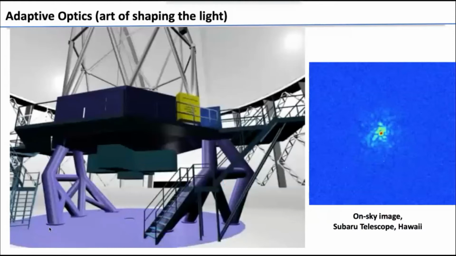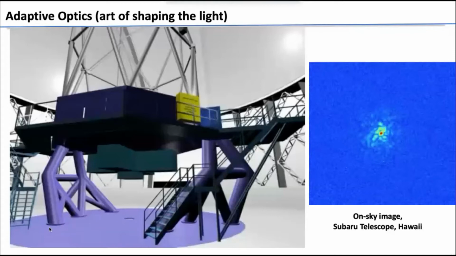Before playing this video, let me tell you that in order to undo the effects of the atmosphere, first you need to study what your atmosphere is actually doing to your images at that particular time. So you study in real time the distortions, all the turbulence created by the Earth's atmosphere.